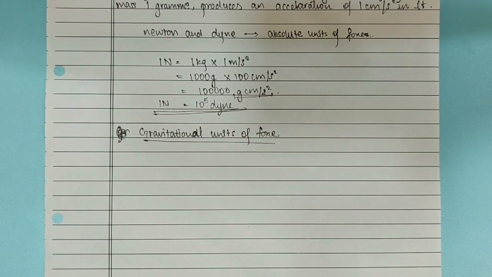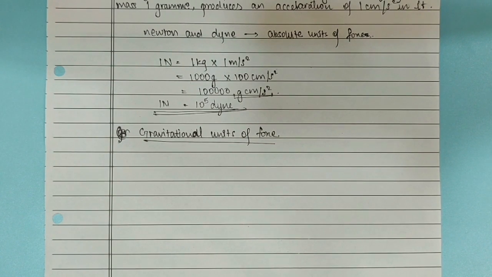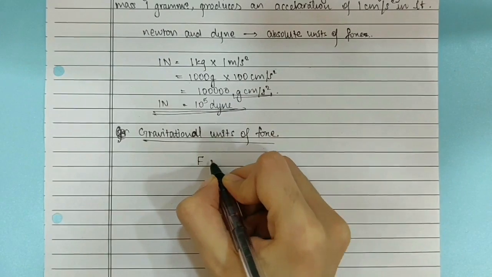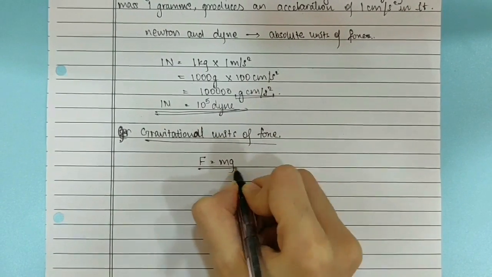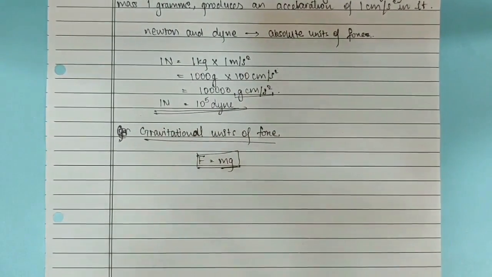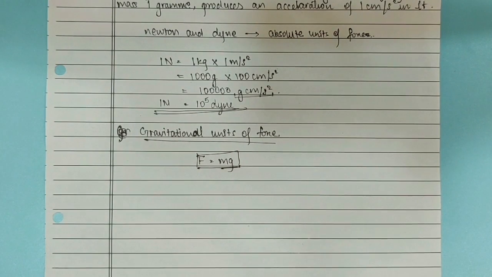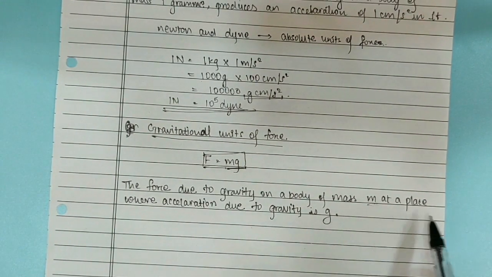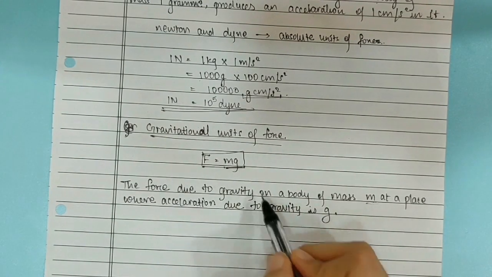Next, the gravitational units of force that we're going to study. The gravitational unit of force is the force due to gravity on a body of mass m, at a place where the acceleration due to gravity is g.